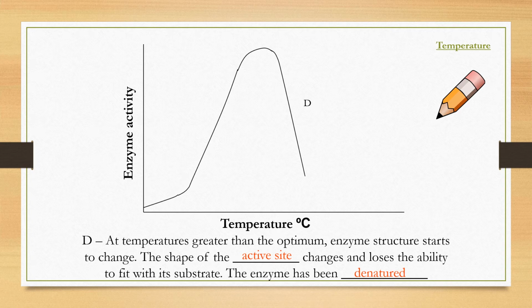This is called denatured. So we know that enzymes are made of proteins, and proteins are held together by bonds. So if you heat the temperature above its optimum, then the enzyme's bonds and structure will break and change, which causes the active site to change shape, which will mean that the substrate no longer fits, and that's called denatured.